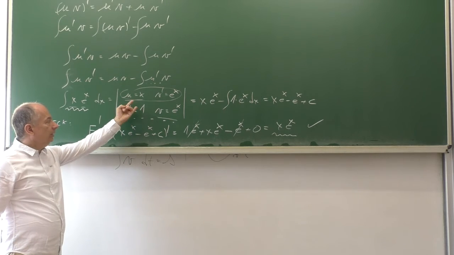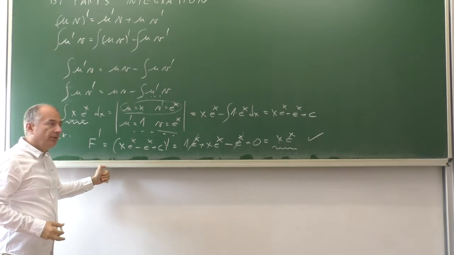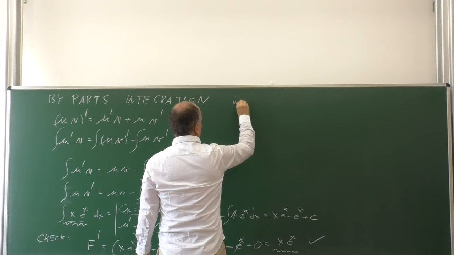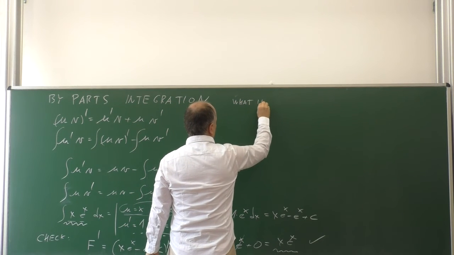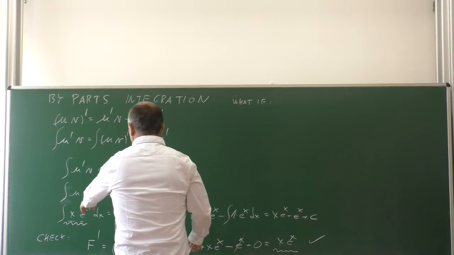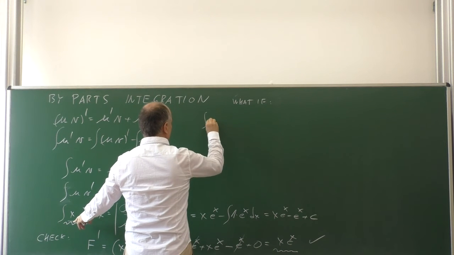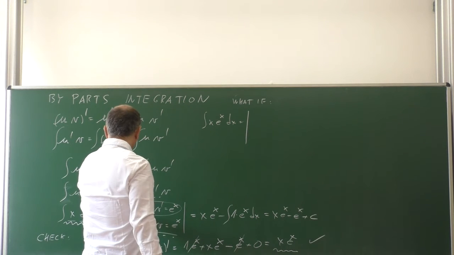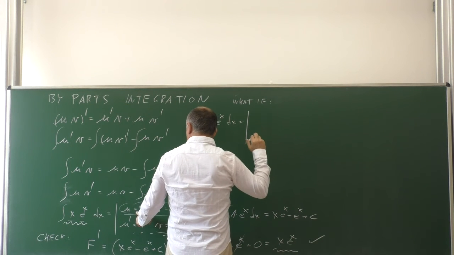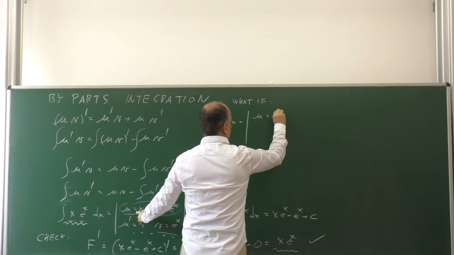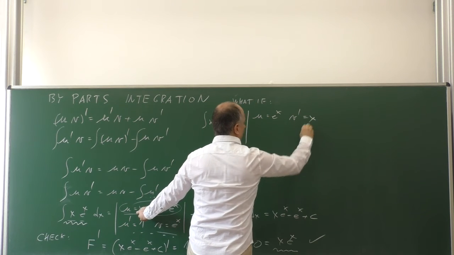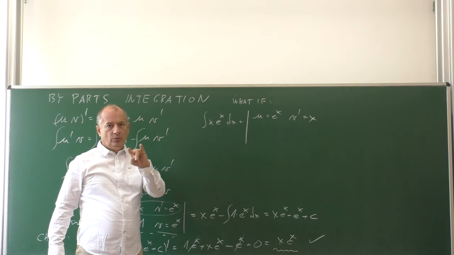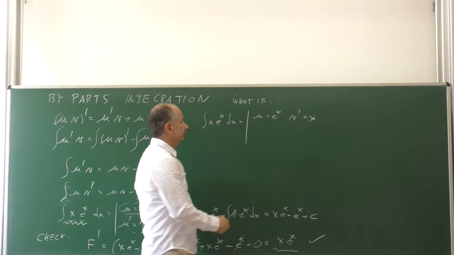Now, what happens if we choose these two functions in the reverse order? What if we try this? Integral x e to x dx. And what if we say that u is e to x and the derivative is x? Because in the product we can swap the two terms, no problem.